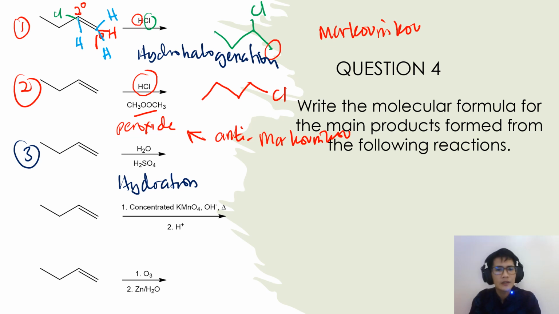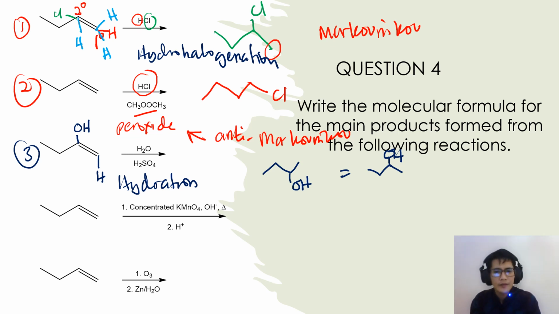So H will be put on the first carbon, H over here, while the OH will be inserted to the second carbon. So you will get 2-butanol. It's the same if I draw it like this.